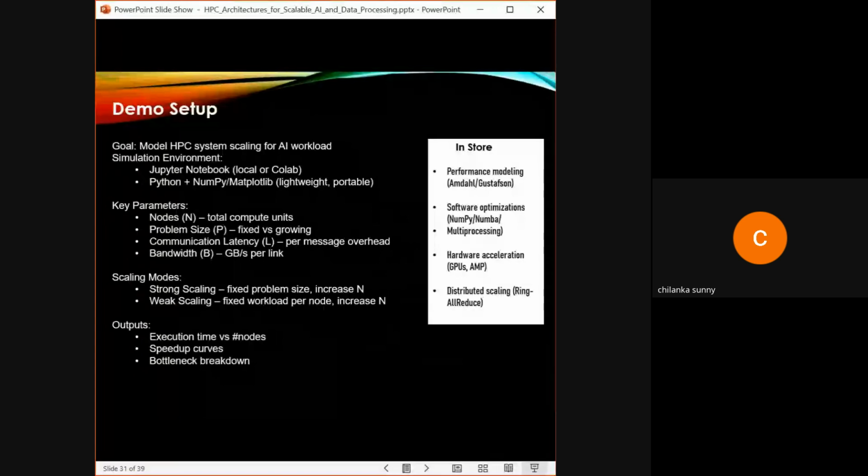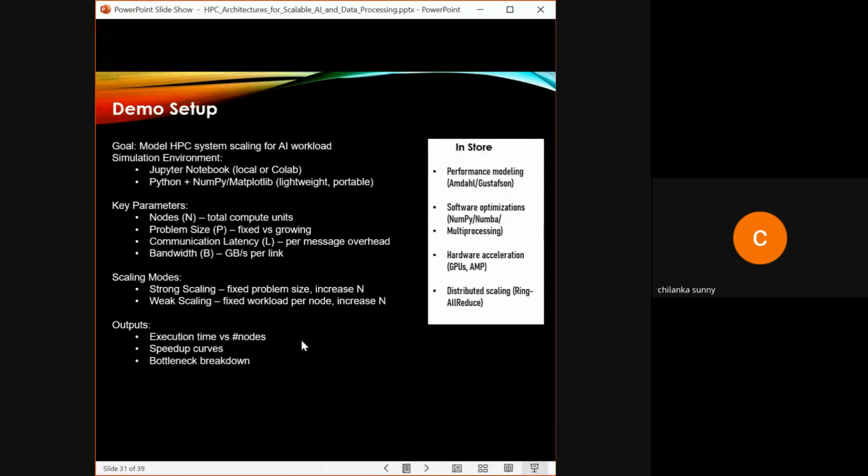real AI speedups. So in this demo, our goal is to model how an HPC system scales for an AI workload. We'll use a lightweight portable simulation environment in Google Colab with Python, NumPy, and Matplotlib. The key parameters include number of compute nodes, problem size, and bandwidth and parallelism.